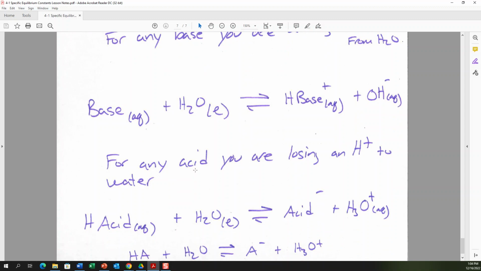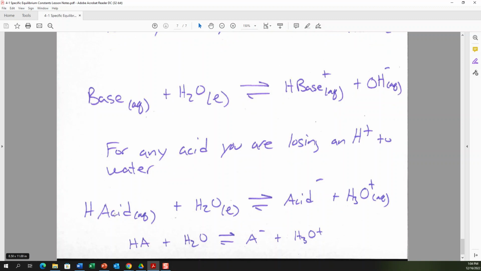For an acid, it doesn't matter what the acid is, just write the word acid. For an acid to act like an acid, it has to have at least one free H plus to give. So H acid plus water yields just the acid minus by itself, because it lost its H plus to water, and then you have hydronium. And remember, that should look familiar to you.